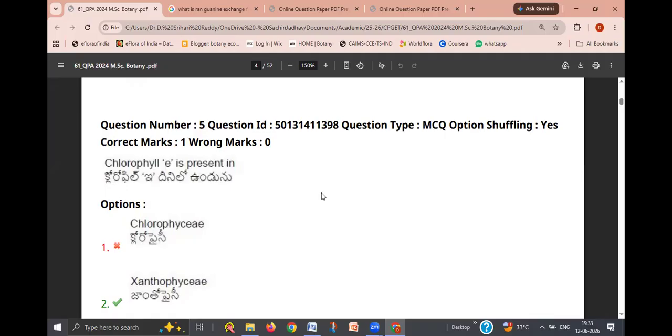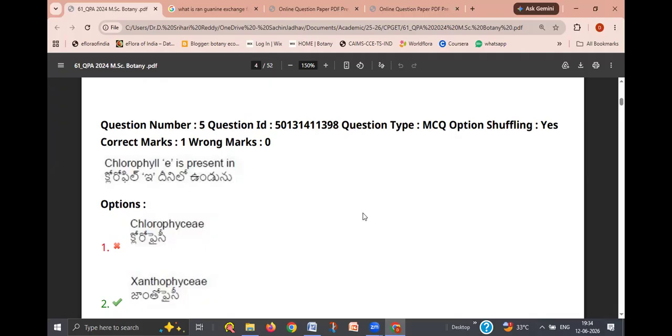C55 is constant in chlorophyll. See, number of carbons, C55. H72 is 72 in chlorophyll A and 70 in chlorophyll B. O5, in chlorophyll A, oxygens are 5, but in case of chlorophyll B, oxygens are 6.